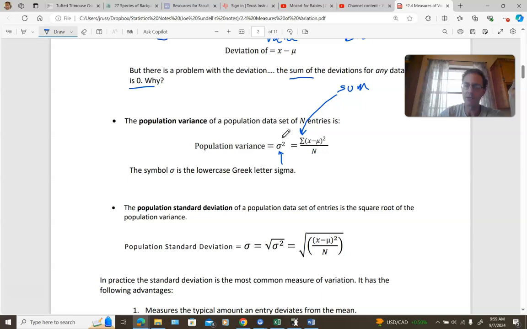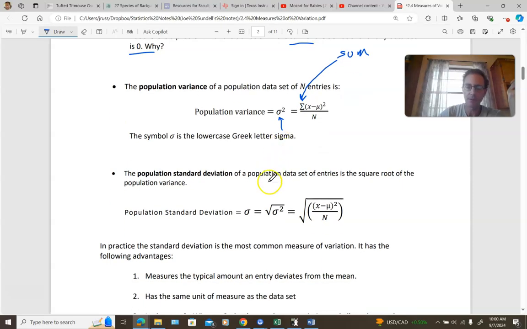And then to find the standard deviation, if you come down here, you simply take the square root of whatever you got for the variance. So you find the variance, and then you take the square root of it, and that would give you just sigma. And this is what's typically used, okay? This represents the population standard deviation.